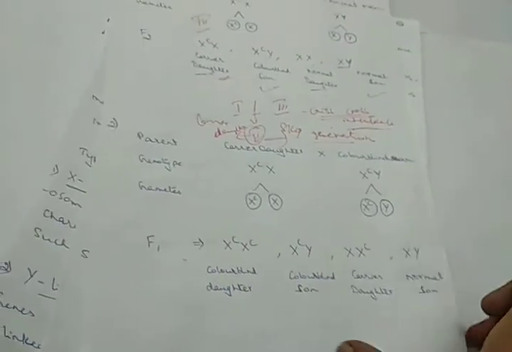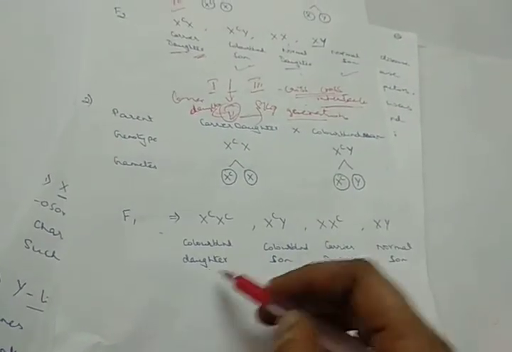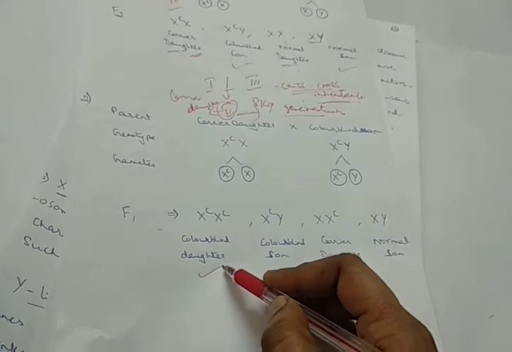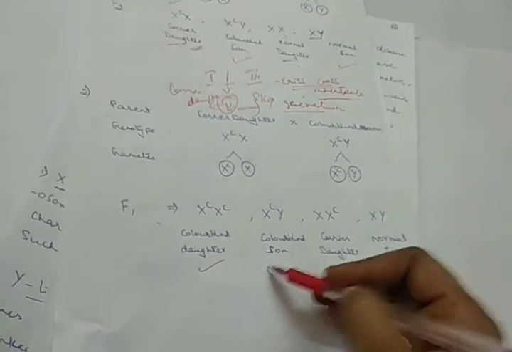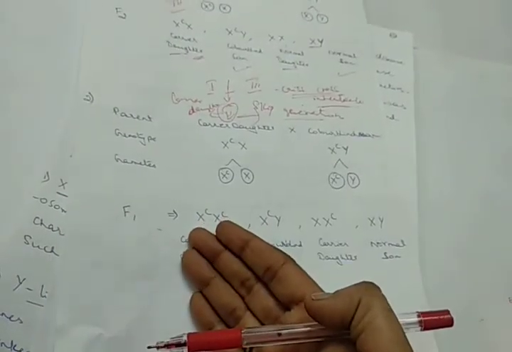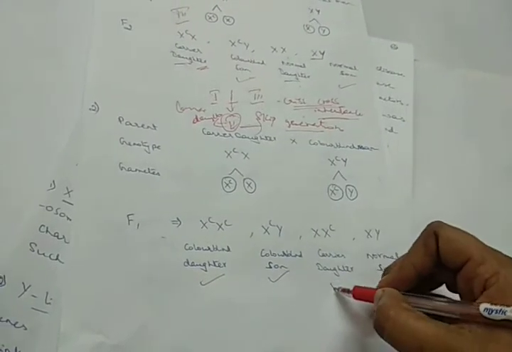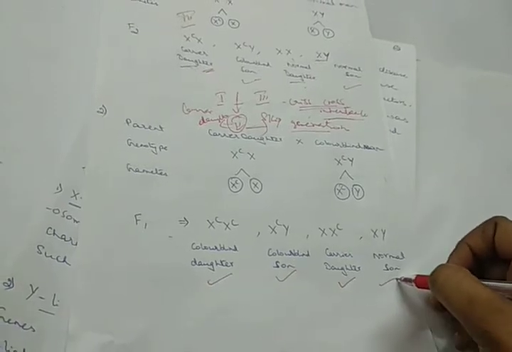In this condition, you can observe the carrier daughter marrying a colorblind man. You're going to get a colorblind daughter, or it may be a colorblind son. So there is a 50% chance of color blindness. In the other 50%, 25% it may be a carrier daughter or it may be a normal son.